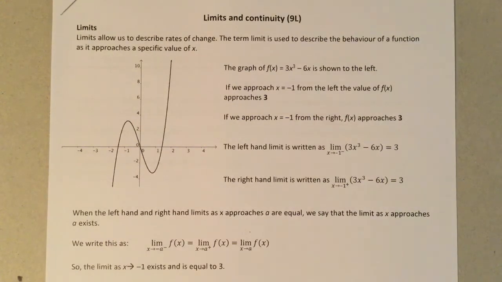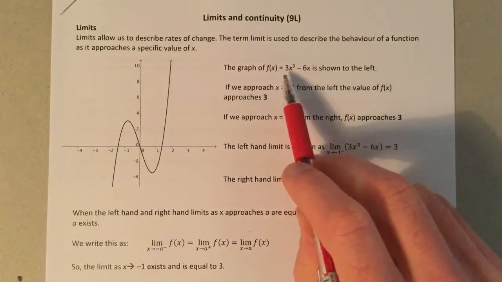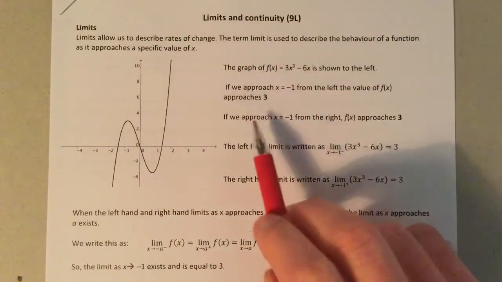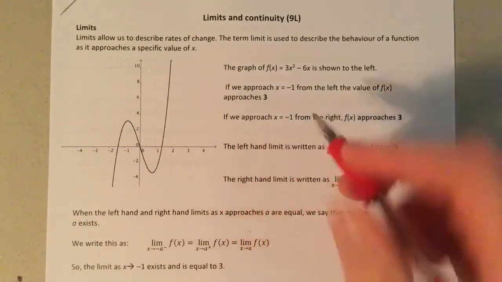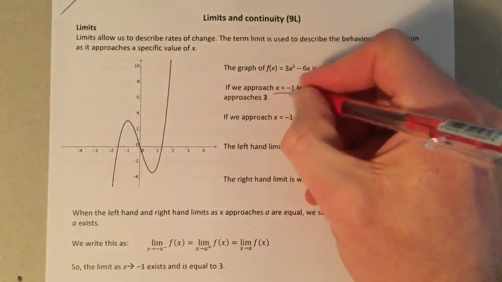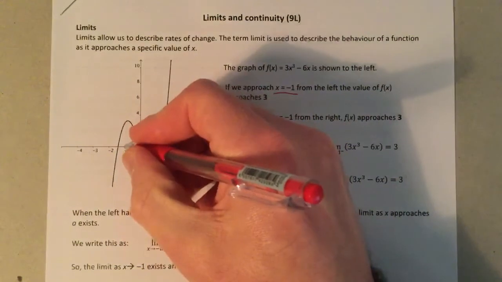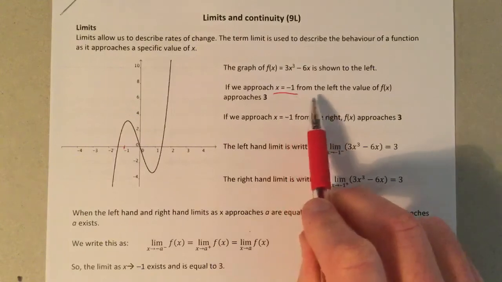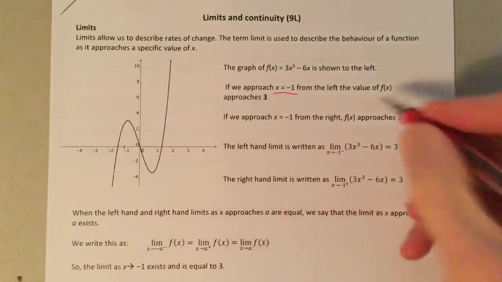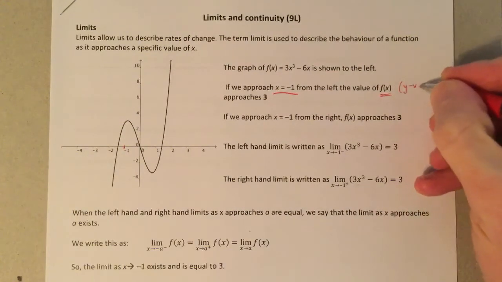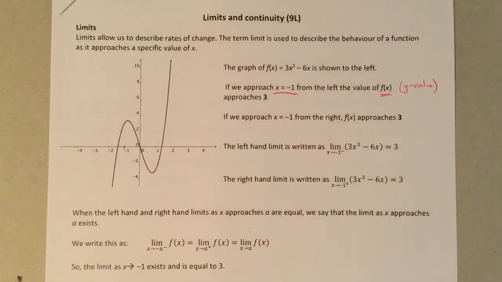So this is just one example that we're going to look at here, but we've got a graph of f of x equals 3x cubed minus 6x, so a cubic graph here. This statement here says if we approach x equals negative 1, which is this point here on our x-axis, from the left, the value of f of x, in other words the y value, is approaching 3.